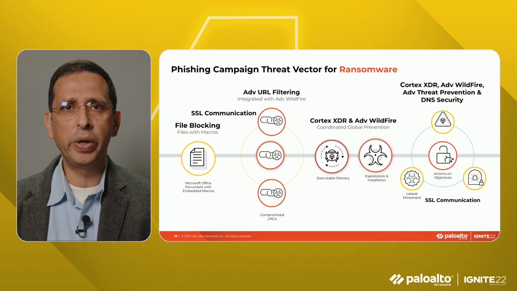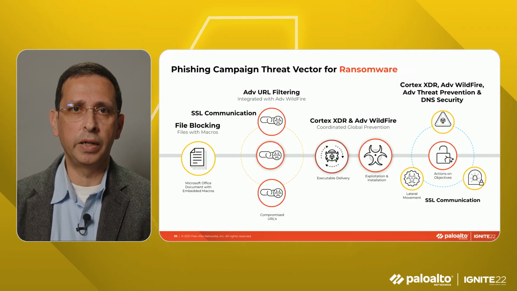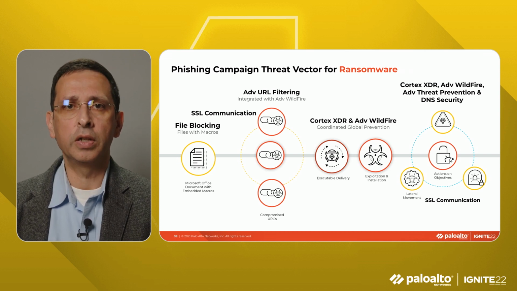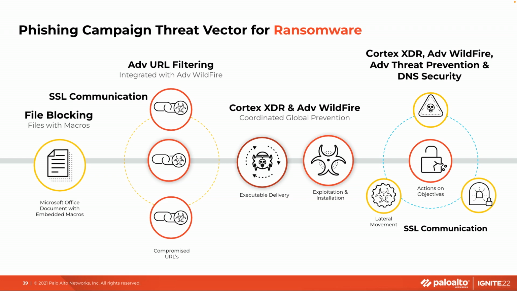Now let's see how we can prevent these types of evasive threats at different stages of its life cycle. When the user first clicks on the URL, it is analyzed by advanced URL filtering, which leverages the real-time inline capability to detect and block any unknown or new phishing or malicious URL. In case the customer does not have advanced URL filtering from Palo Alto, the URL gets through, then the file gets analyzed by advanced WildFire and also with Cortex XDR agent.